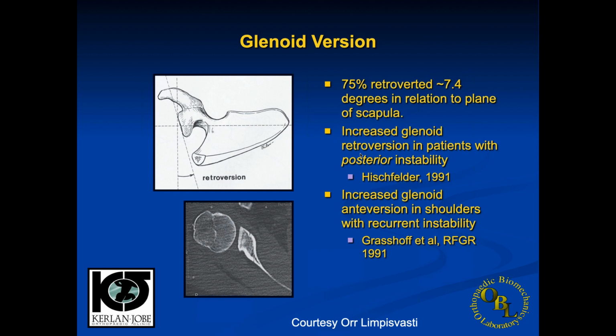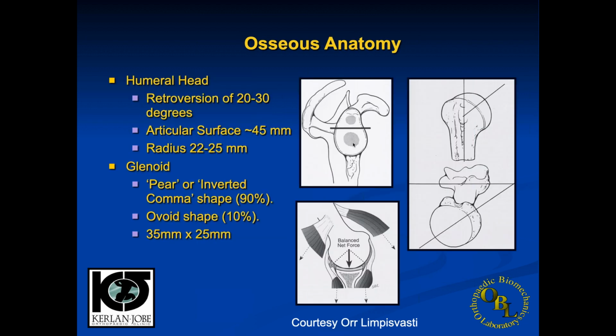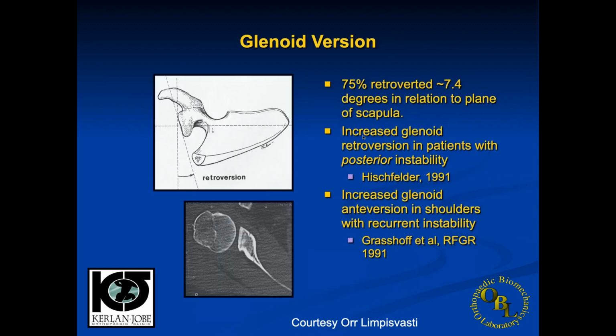Glenoid version is important. As you heard this morning when Karen gave her lecture, the tilt of the glenoid, if you go into the coronal plane, which we don't have here, can be important to help determine whether someone's unstable. Something very commonly that we evaluate all the time is the version of the glenoid.